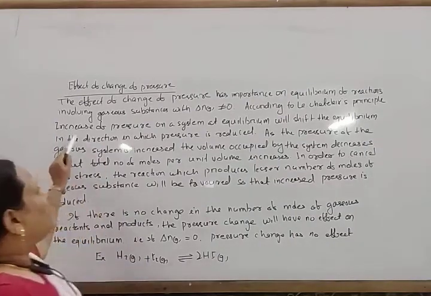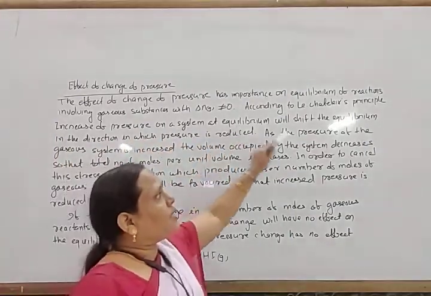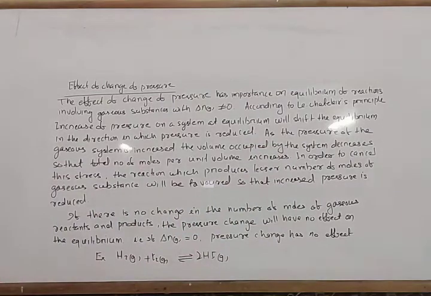According to Le Chatelier's principle, increase in pressure of a system at equilibrium will shift the equilibrium in the direction in which pressure is reduced. As the pressure of the gaseous system is increased, the volume occupied by the system decreases, so the total number of moles per unit volume increases.